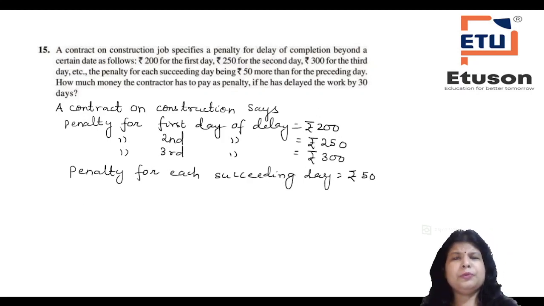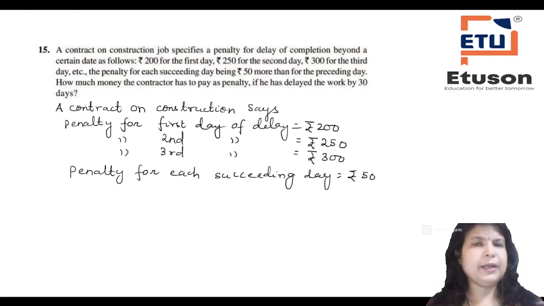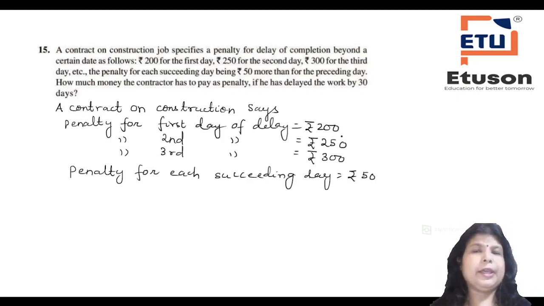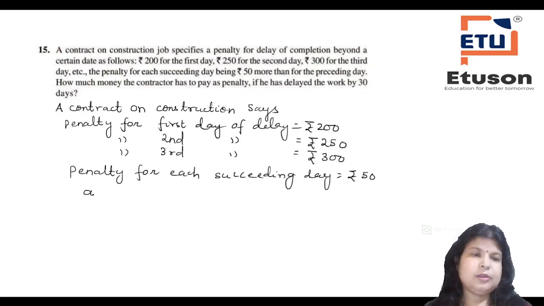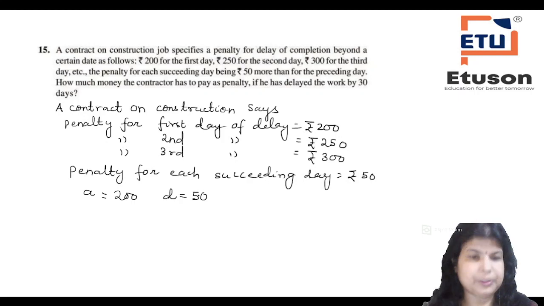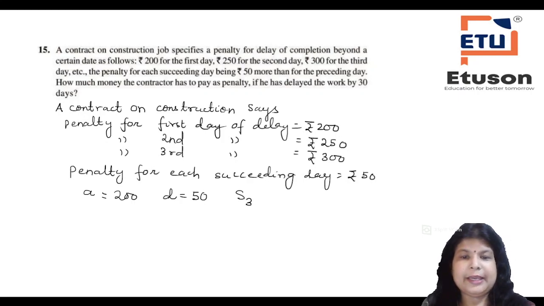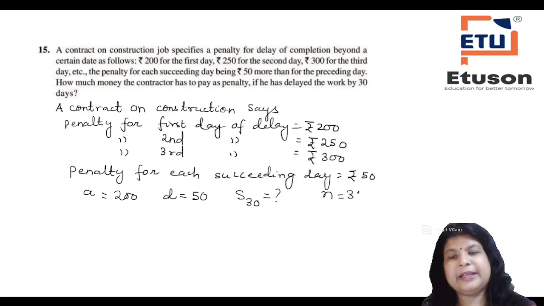Right. So from this it is clear that the penalty maintains an arithmetic progression. The first term of which is 200, right? Last term you don't know. Common difference is equal to 50, and you have to find S30, taking n equal to 30 days.